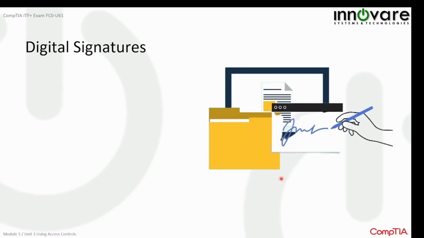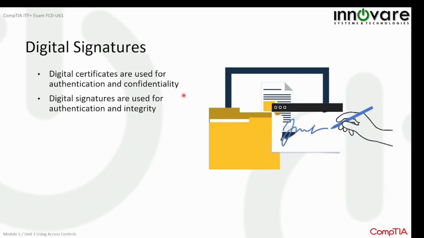Now, digital signatures are also used in access controls. Of course, definitely from the name itself, these are your signatures, no, that being saved in the system. Aside from digital certificates, kasama sa digital signatures, those are in combination used for authentication and of course confidentiality. And these are also the digital signatures used for authentication and integrity naman.